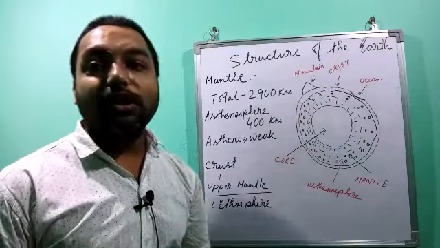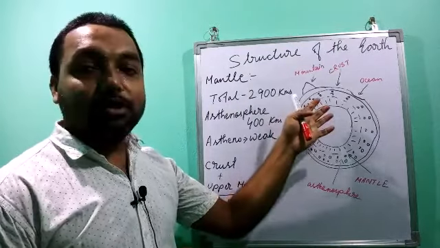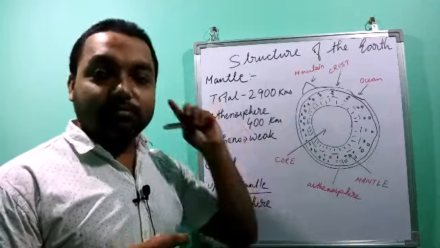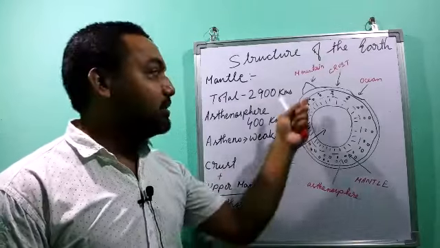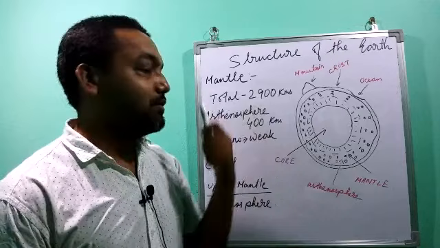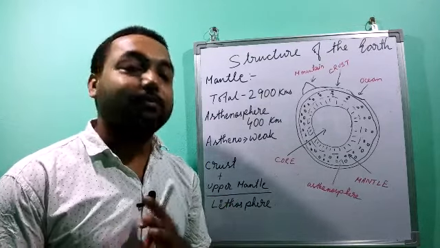We have already discussed volcanic eruptions. When a volcano bursts, the magma from the upper mantle comes to the surface, and when it cools down, it becomes a volcanic mountain.